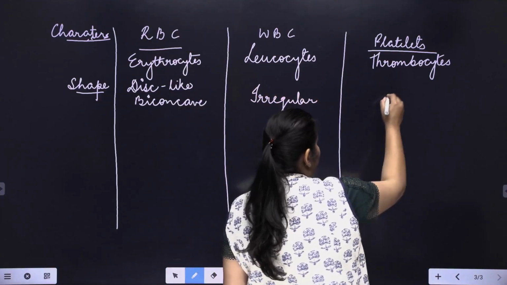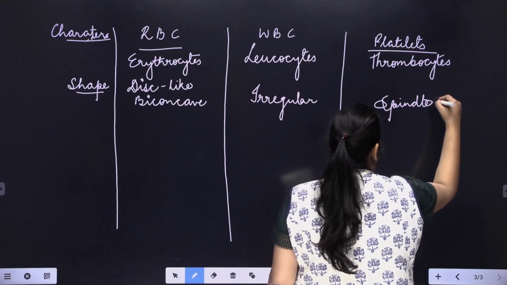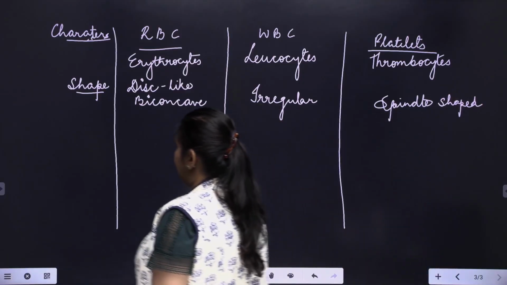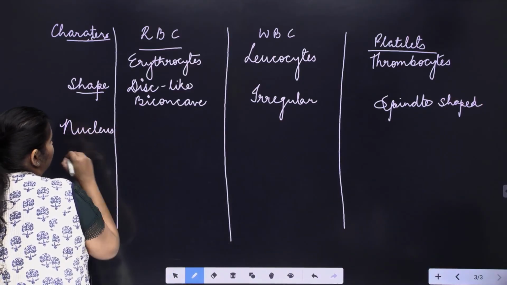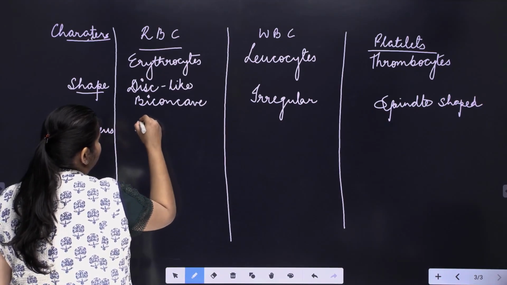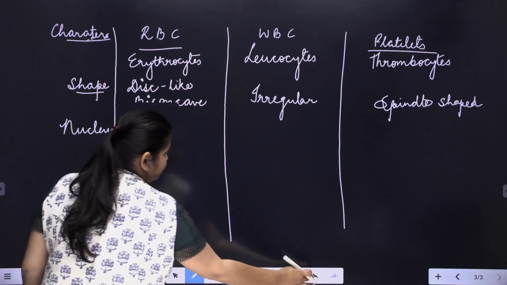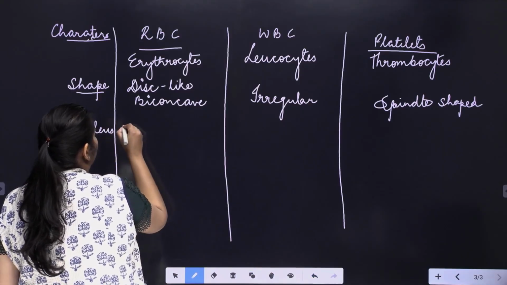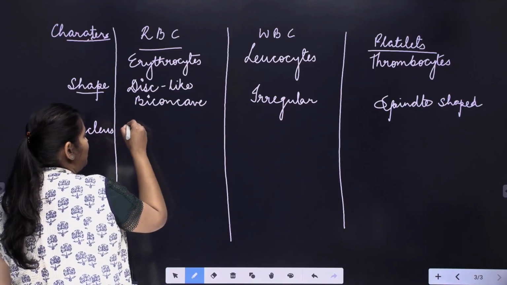And platelets are spindle shaped. Then what about the presence or absence of nucleus? So nucleus in case of RBC is present initially.